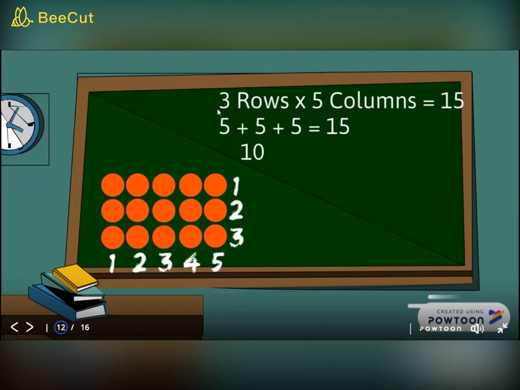I have 3 groups of 5. 5 plus 5, this is the same number. Doubles, excellent. 5 plus 5 equals 10. 10 plus 5 equals what? When we count by 5: 0, 5, 10, 15. After 10, 15. Excellent.